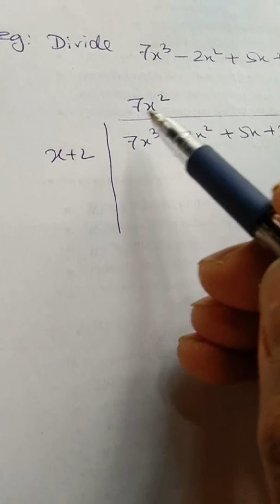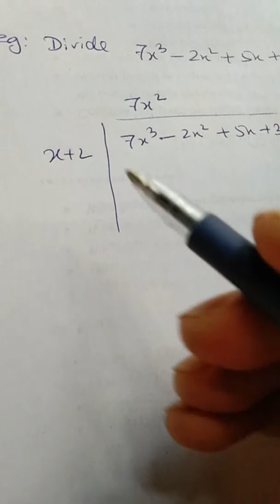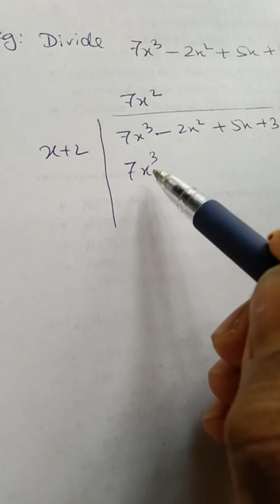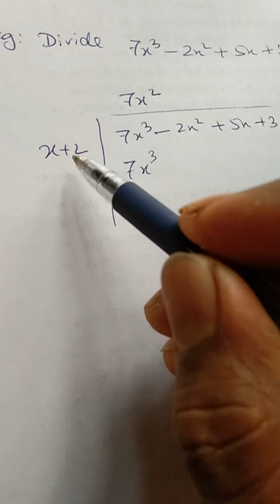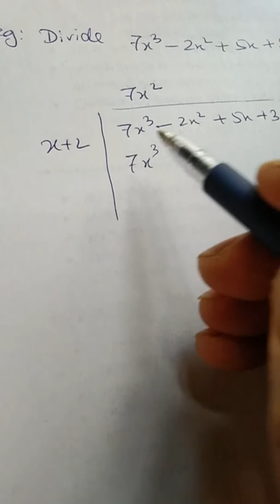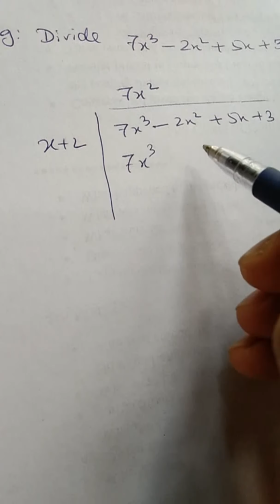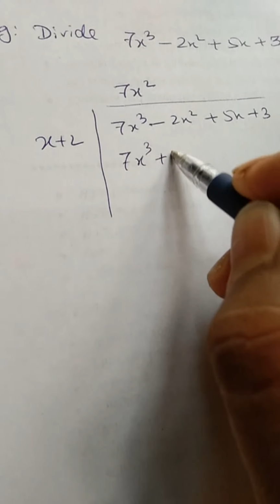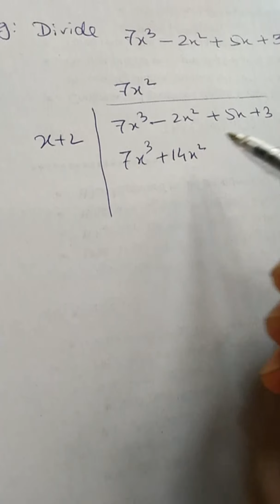Now if we multiply 7x square with x, this will be 7x cube, that we will write below 7x cube, and plus 2 into 7x square, that will be 2 7s are 14, so 14x square. So we'll write below x square only. So it is plus 14x square.